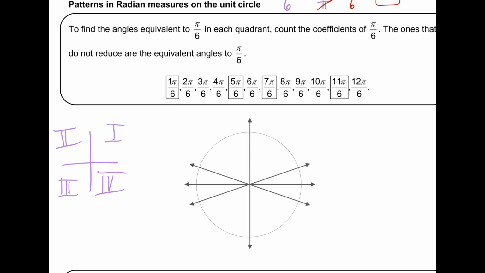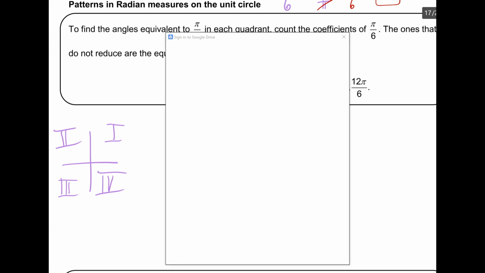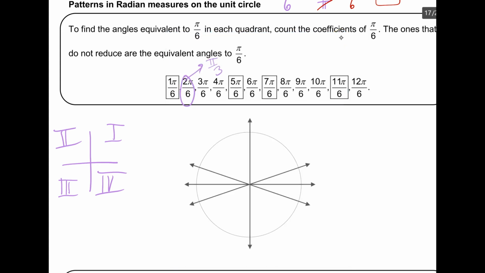I can't simplify it. If you look at 2 pi over 6, can we reduce this? What is it equal to, Ari? Pi over 3. We know how to reduce fractions. 3 pi over 6 is a half. 4 pi over 6 is 2 pi over 3.